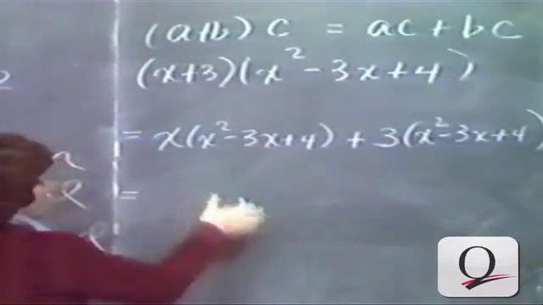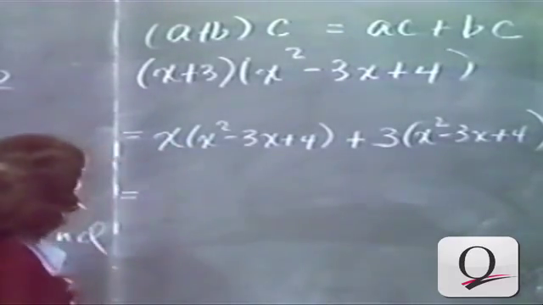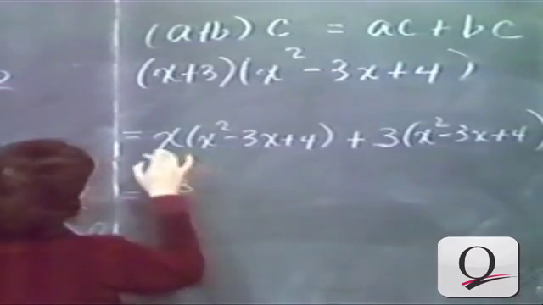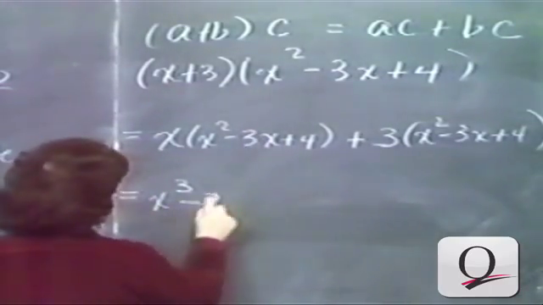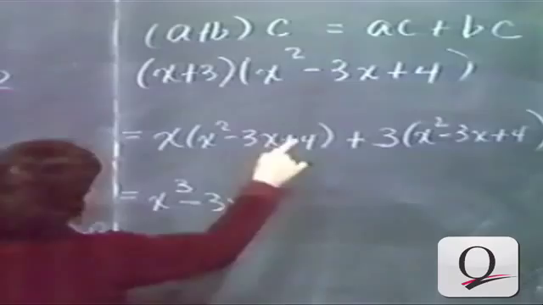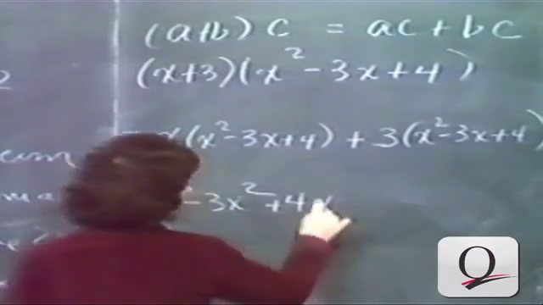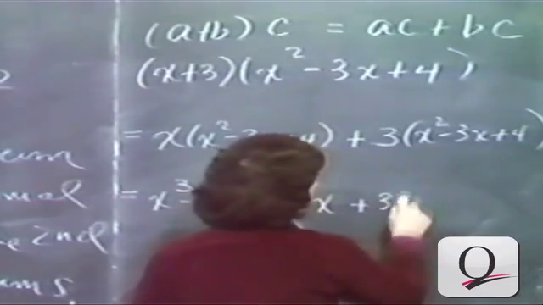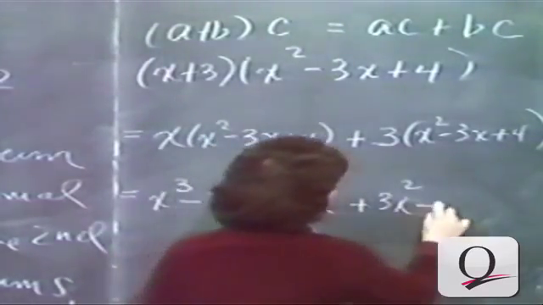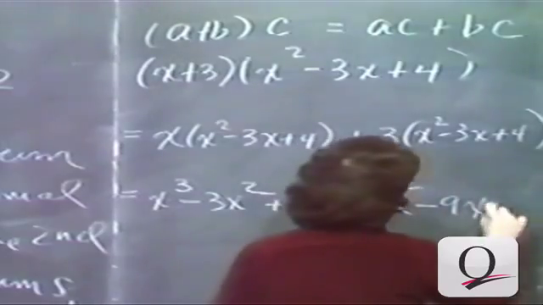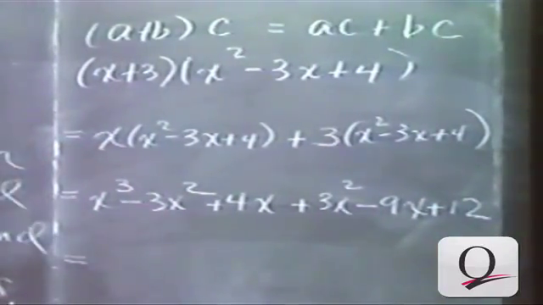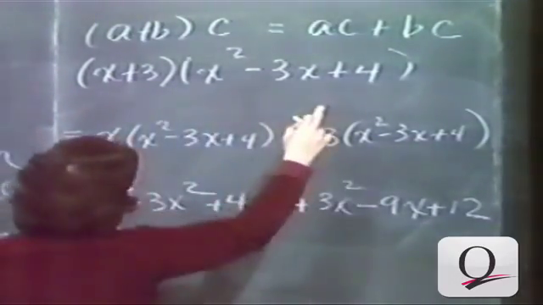Now, using the distributive law again here and here, we get x times x squared for x cubed, x times minus 3x for minus 3x squared, x times 4, 4x, and over here, 3 times x squared, 3 times minus 3x for minus 9x, and 3 times 4 for 12. Okay, notice how we have multiplied every term in the first polynomial by every term in the second.